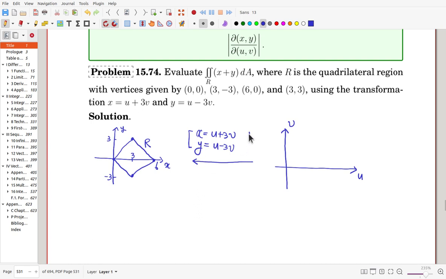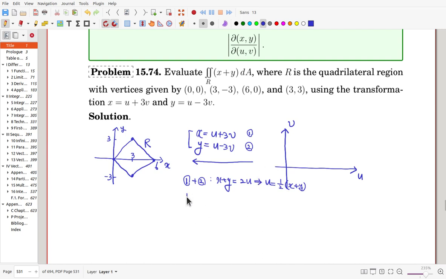If we add equation 1 and equation 2, then here that is x plus y, and the right hand side is 2u. So from here we get u equal half of x plus y, right?